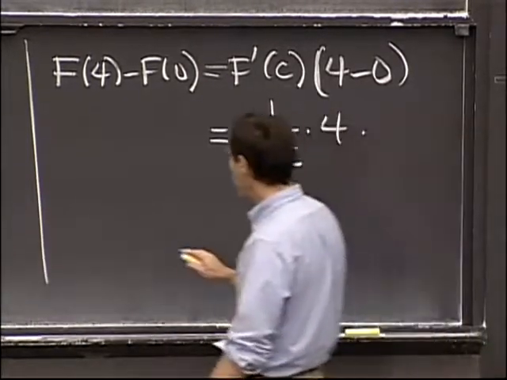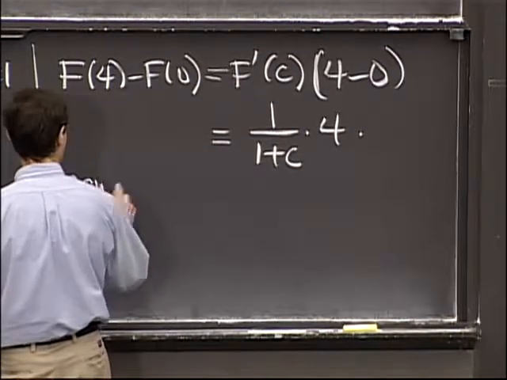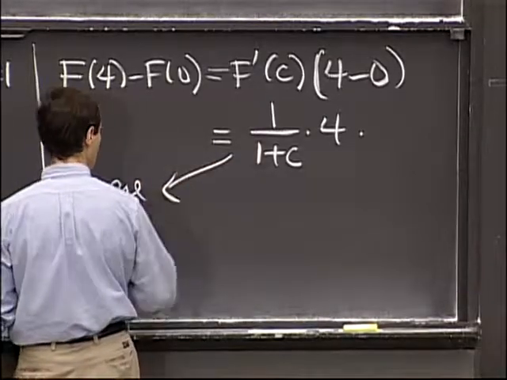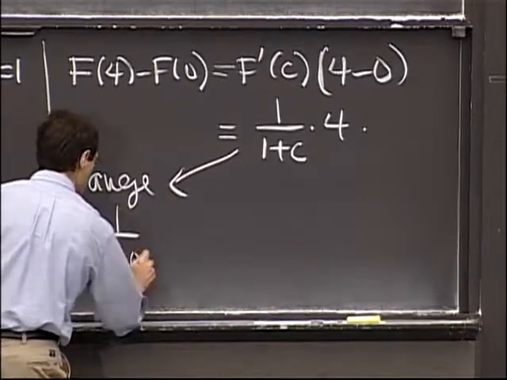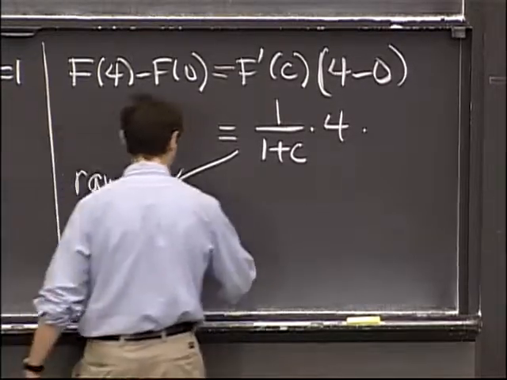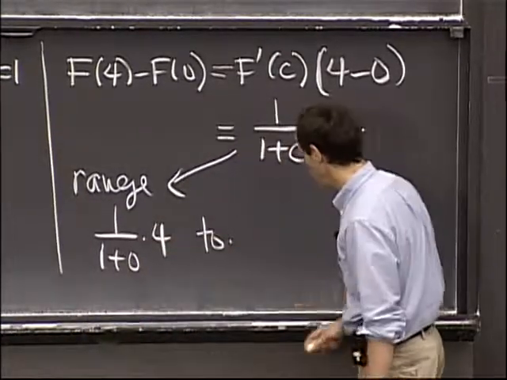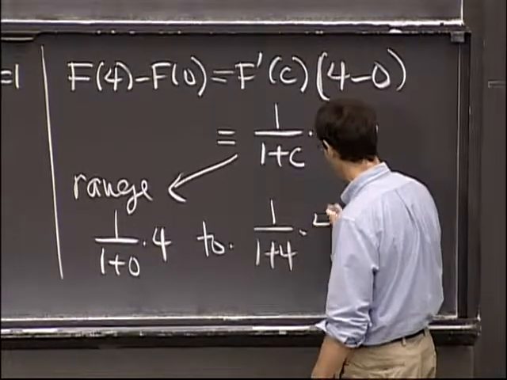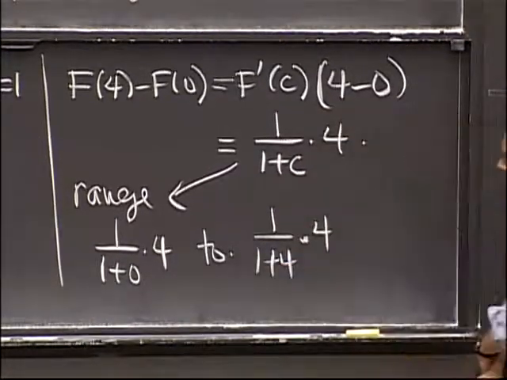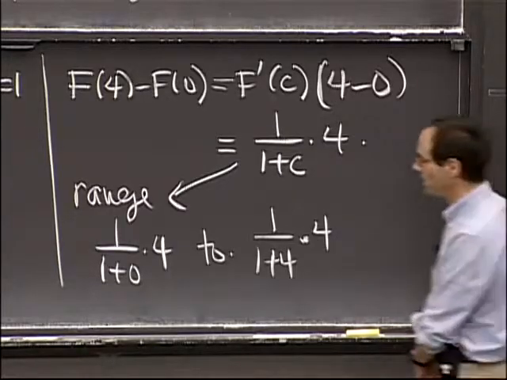And so the range of values of this number here is from 1 over 1 plus 0 times 4, that's 4, to, that's the largest value, the smallest that it gets, which is 1 over 1 plus 4 times 4. All right, that's the range.